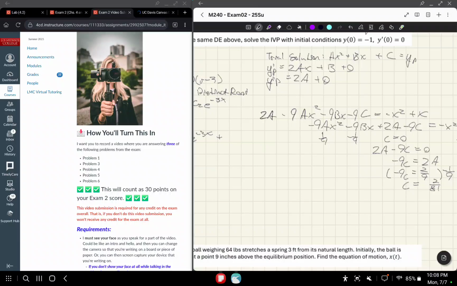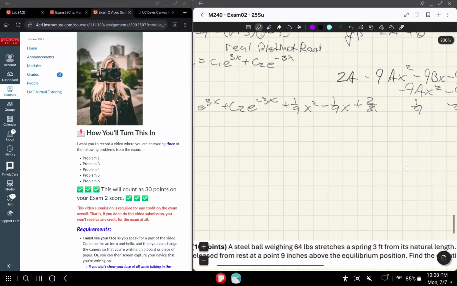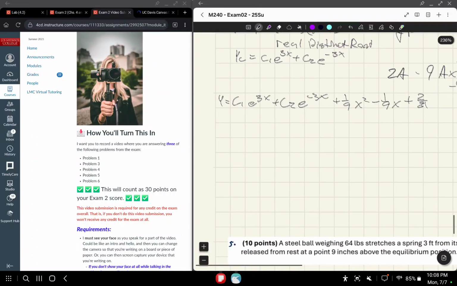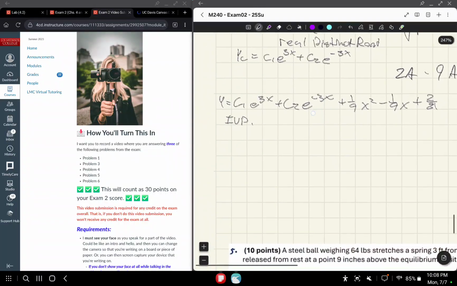So now we have a is 1 over 9 x squared plus 1 over 9 x plus 2 over 81. And now for this, we have to find the constants. The IVPs are y of 0 equals negative 1.